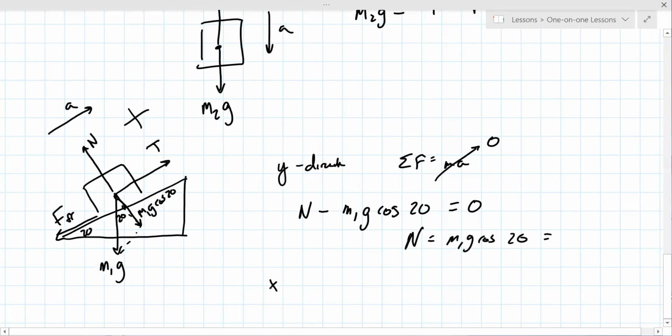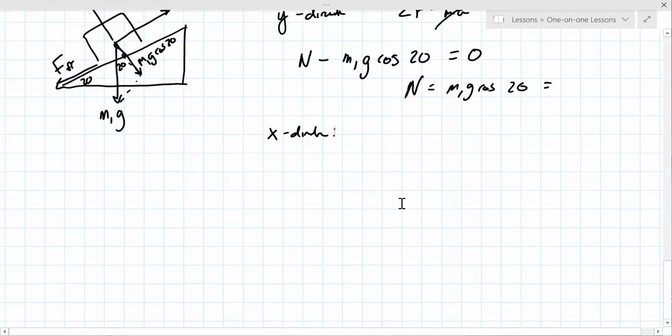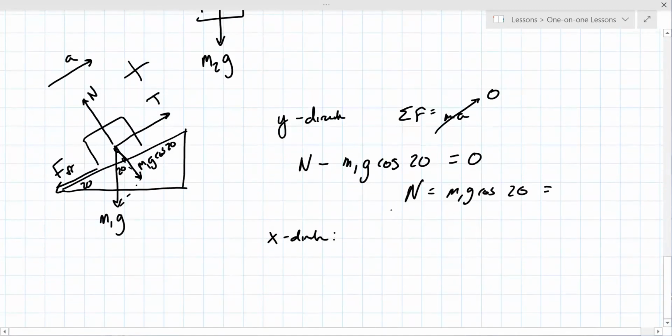We now need to go in the x direction. Since this thing is accelerating up the incline, we're choosing to the right to be positive. And that's really important. So you just grab your forces. T is positive, then the force of friction is negative, minus the force of friction, minus m1g sine 20.